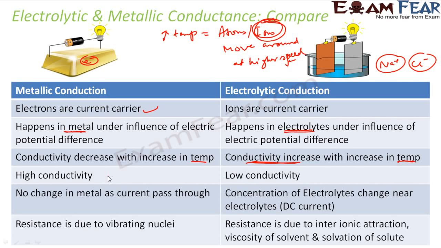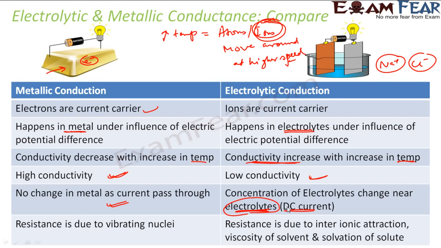Metals generally have very, very high conductivity. Electrolytes generally have very low conductivity. And if you use a metal for passing electricity for a long time, you won't see any difference in the metal. The metal will be the same. But if you use electrolytes for passing electricity for a long time, you'll see there is a change in the electrolyte's concentration, especially if you use DC current.